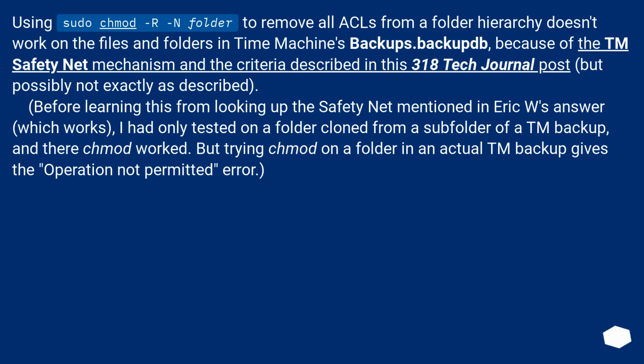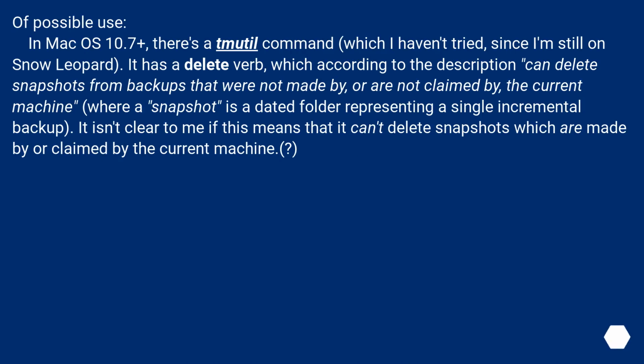Before learning this from looking up the safety net mentioned in Eric W.'s answer, which works, I had only tested on a folder cloned from a subfolder of a TM backup, and their chmod worked. But trying chmod on a folder in an actual TM backup gives the Operation Not Permitted error. Of possible use, and NBSB: in macOS 10.7+, there's a tmutil command, which I haven't tried, since I'm still on Snow Leopard.